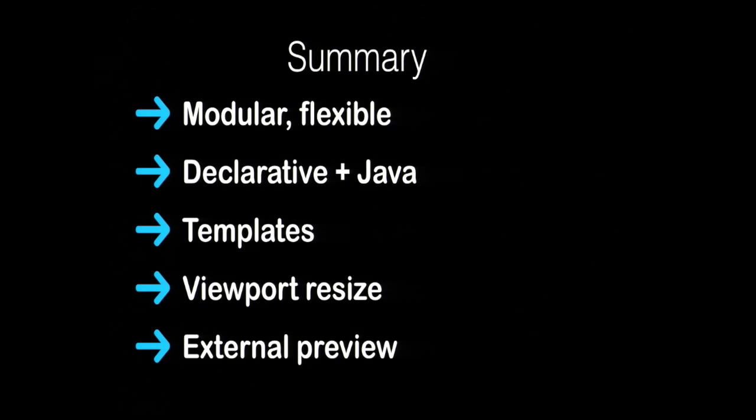Templates, more than one when we hit 1.0, and viewport resize, viewport presets, so you can quickly preview how your designs will look on different devices or in different UI positions if you have dialogues or whatever. And also the external preview that we are quite proud of. It turned out to be quite useful.